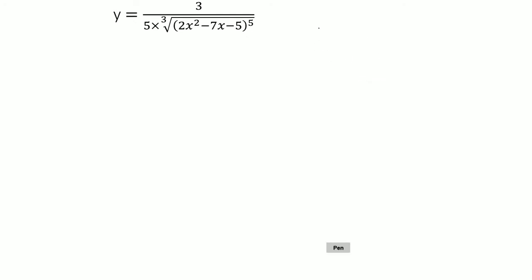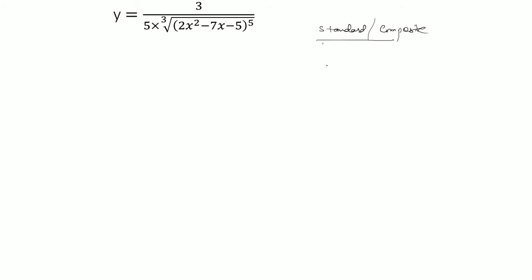As we know, we have seen the difference between standard versus composite. If not, you have to watch this video and get back to this video. So y is equal to 3 upon 5 into cube root of (2x square minus 7x minus 5) the whole raised to 5.